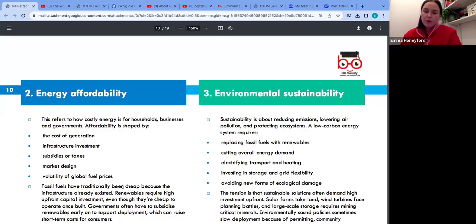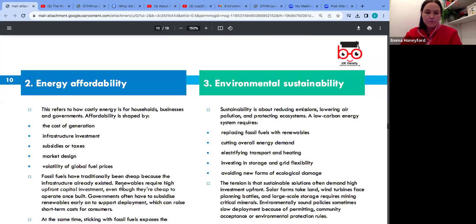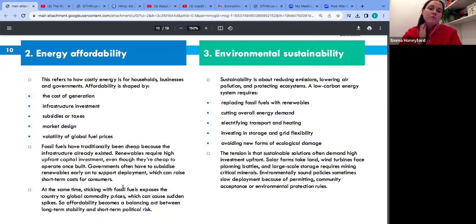We don't want to put the cost back onto the consumer through tax mechanisms. So the market design has an impact, and the volatility of global fuel prices can massively impact energy affordability.